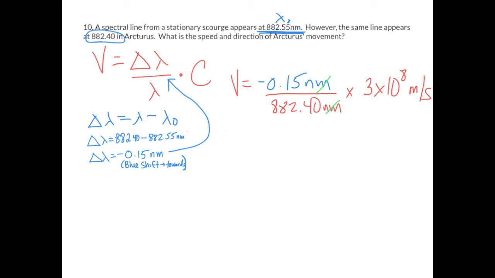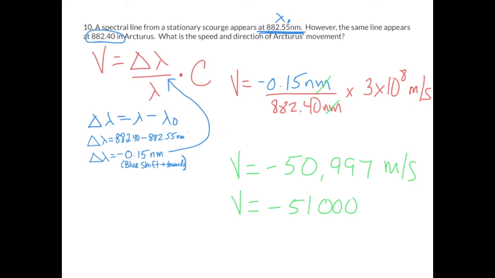Nanometers cancels out, giving us a velocity equals negative 50,997 with some change meters per second, which of course we'll round to a more reasonable number: velocity equals negative 51,000 meters per second. If you want to write that in scientific notation, you can do negative 5.1 times 10 to the 4th meters per second.